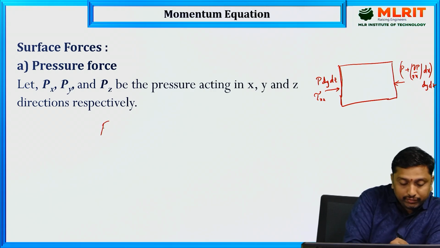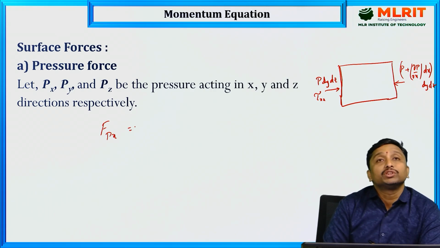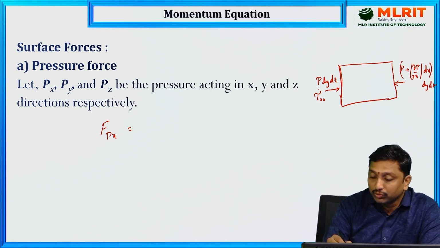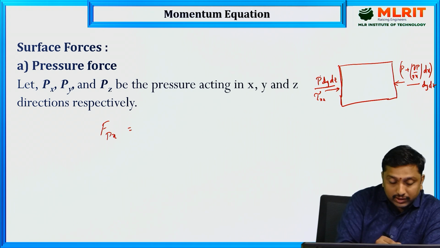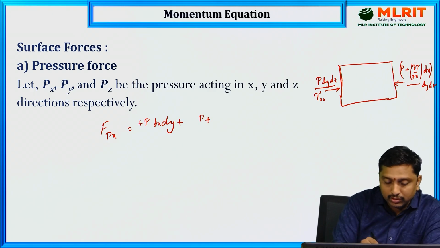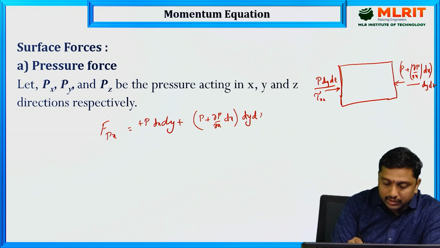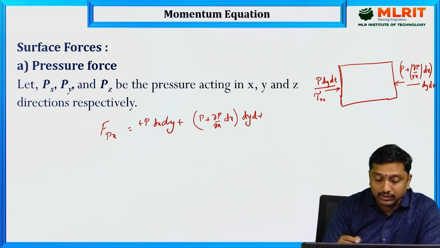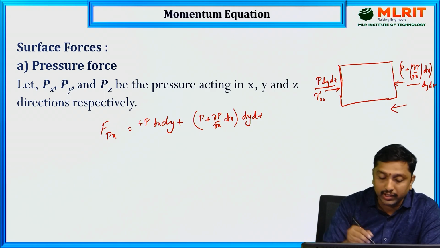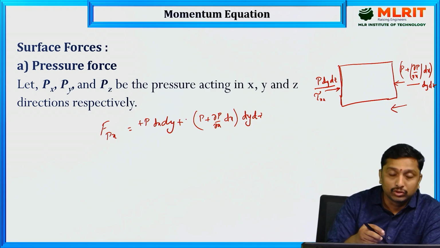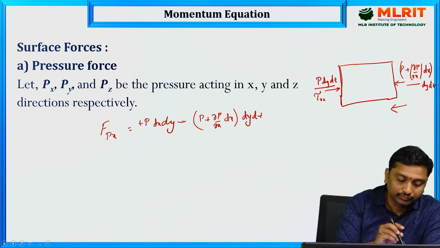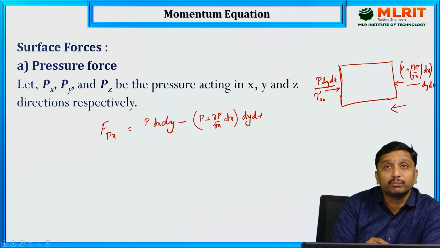So we can resolve this as the total pressure force Fpx, the pressure force in x direction. What is the pressure force on the left hand side and right hand side? On the left hand side it is P dy dz, and the direction is positive x axis, so I keep it positive. Plus, P plus dou P by dou x dx into dy dz is the pressure force on the right hand side, acting in the negative x direction, so I multiply with a minus sign. So P dy dz minus P plus dou P by dou x dx into dy dz.